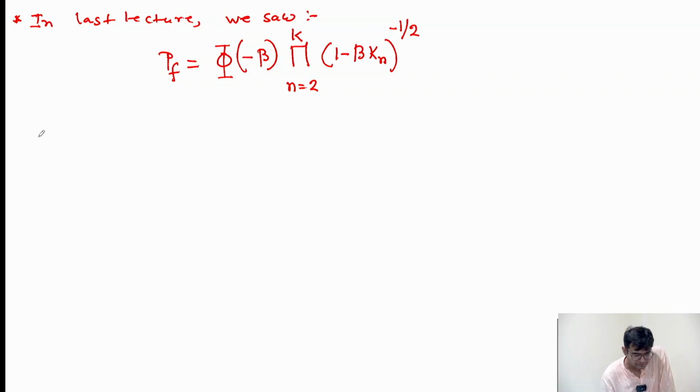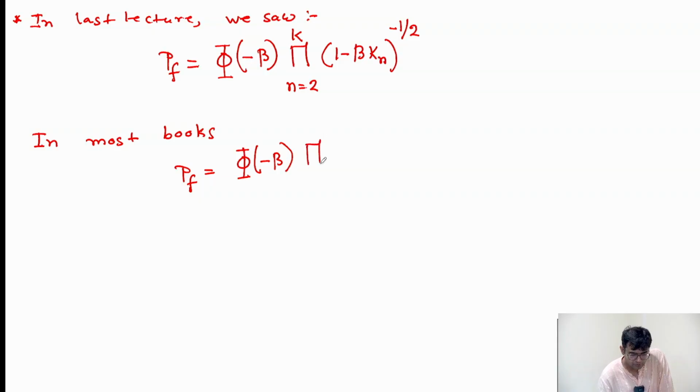In most books you will find that Pf is equal to capital phi of minus beta, times the product over n equal to 2 to capital K of (1 plus beta kappa n) to the power minus half.